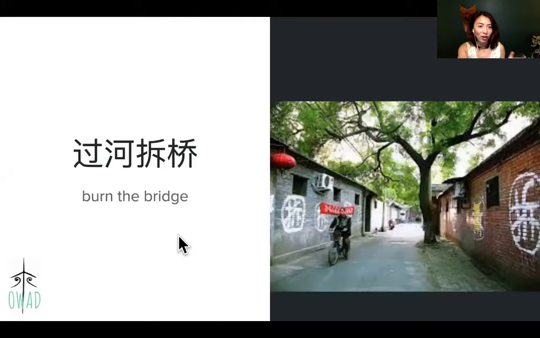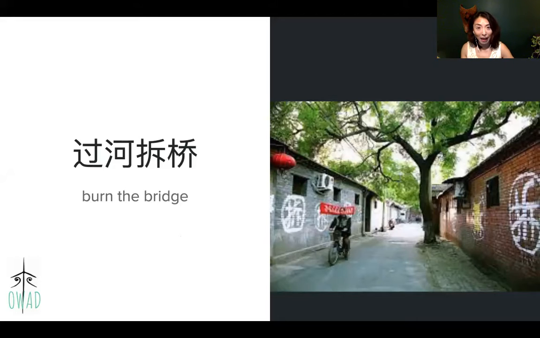Okay, so 过河拆桥 in English is simply burn the bridge. But I guess there are subtle differences. Burn the bridge means you actually burn the bridge for yourself, not for your enemy, right? You burn the bridge because you are determined to do something, and you make sure you're not returning.